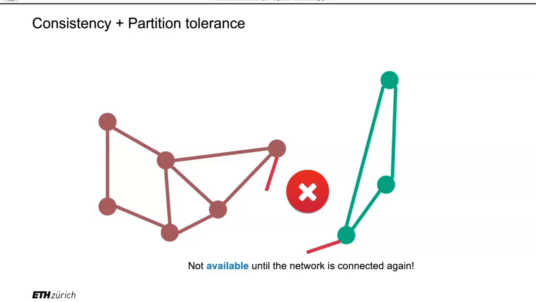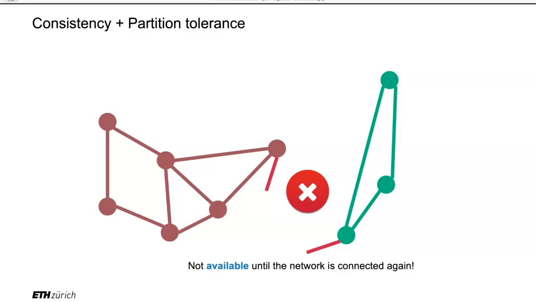It means you are CP, right? You decide to no longer be available. You are C because you're still consistent. And why are you P? Because you don't crash. That is the difference. You don't crash. The system politely and smoothly tells, please come back later. So it's partition tolerant and consistent.